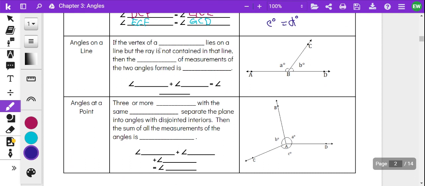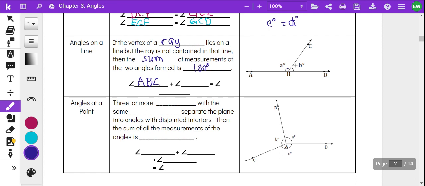Okay, if the vertex or the endpoint of a ray, so this ray we're talking about is BC, lies on a line but the ray is not contained in the line, then the sum of the measurements of the two angles formed is 180 degrees. Okay, so again, we're going to name these angles A, B, C. That's angle A here.